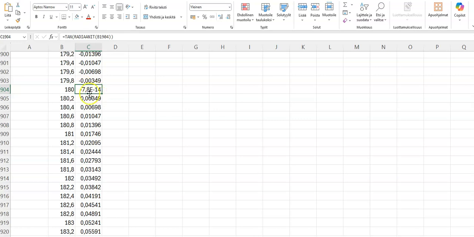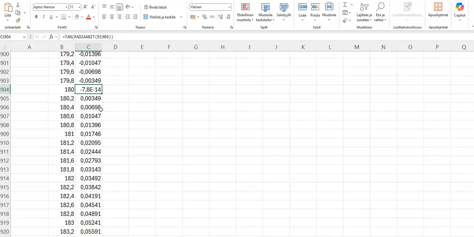So this number actually means that the value is exactly 0, but this comes from, I think, something to do with the number system in computers when they use binary numbers, and probably that's the reason why it doesn't give us the exact value of 0.